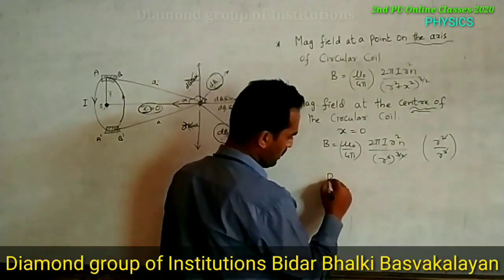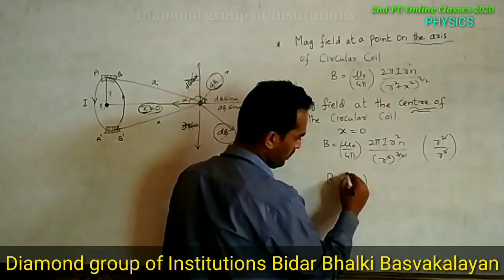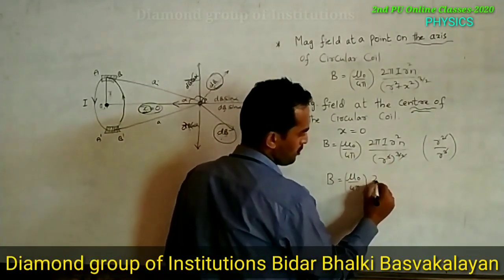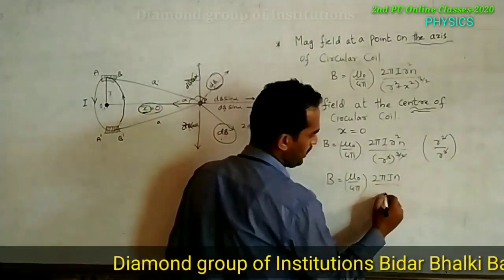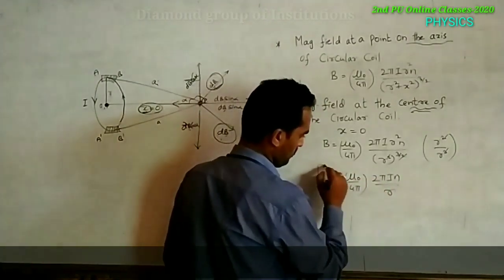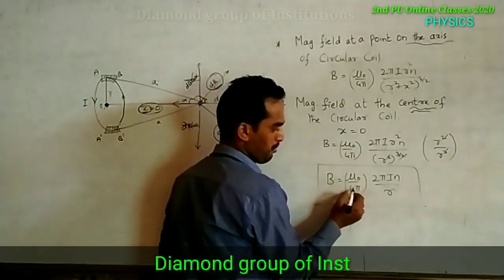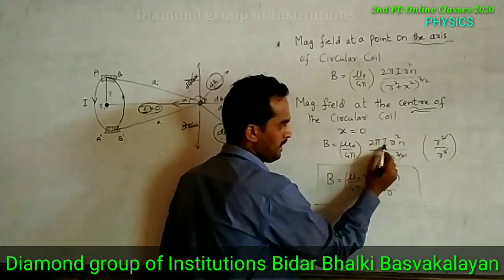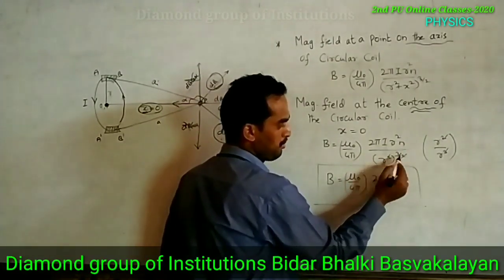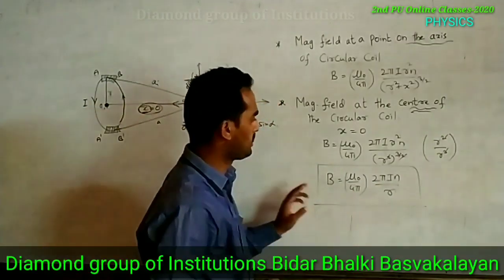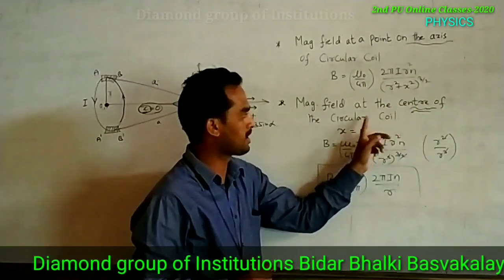So B equal to mu naught by 4 pi into 2 pi I n divided by r. R square by r cube becomes 1 by r. So this is the expression for the magnetic field exactly at the center of the circular coil.